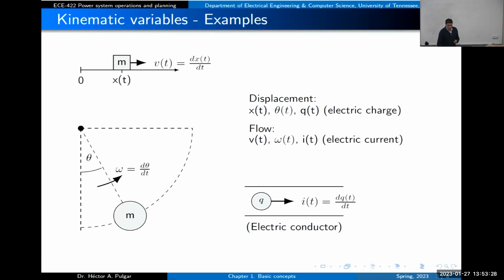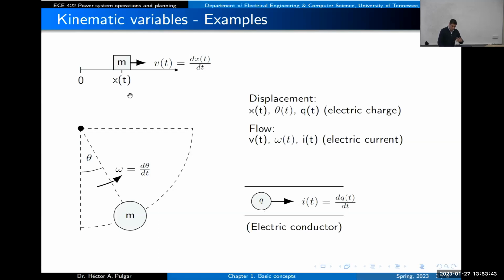So the kinematic variable for the electrical circuit: the displacement is going to be related to the amount of charge, and the flow is going to be the current.